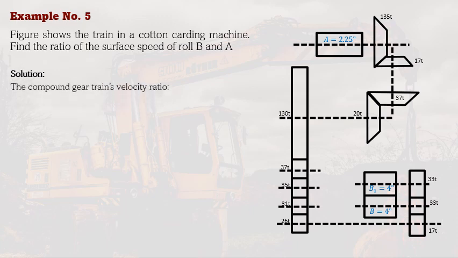The compound gear train's velocity ratio can be computed by using our simple formula, which is the product of the driven gears over the product of the driver gears.